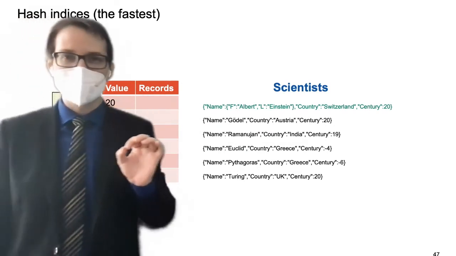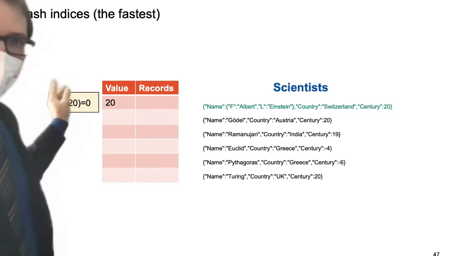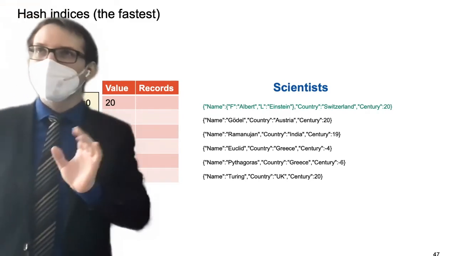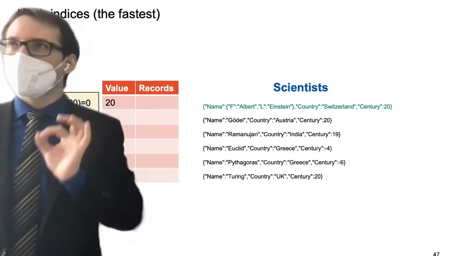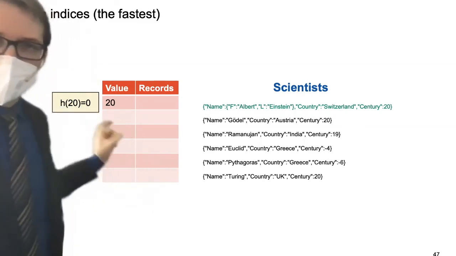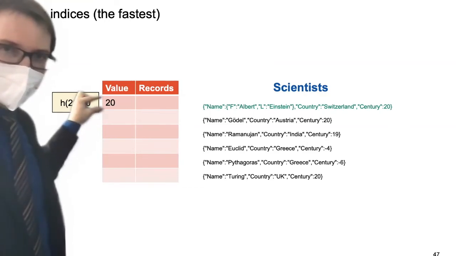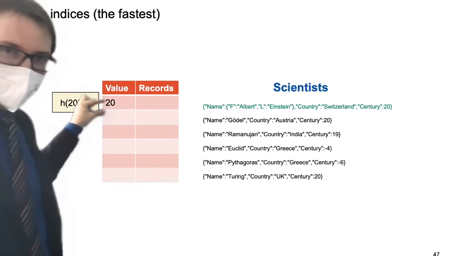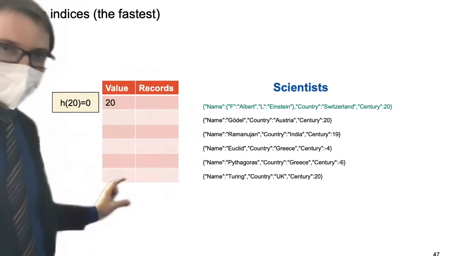It's really converting whatever you give it as input, can be anything, and it's going to output an integer. In that case, that magic function tells me 0. That is the position I will use in this big table that I have right there.